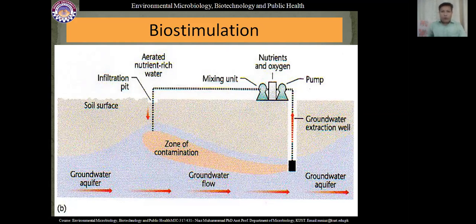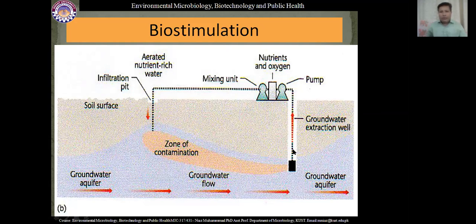So what is the main technique in biostimulation? We are just stimulating the existing microbial population by providing nutrients and oxygen. When we provide nutrition and oxygen, the number of microbes will increase, and the increased microbial population will attack the pollutant, and the pollutant will be decomposed quickly and converted into its simplest or elemental form.